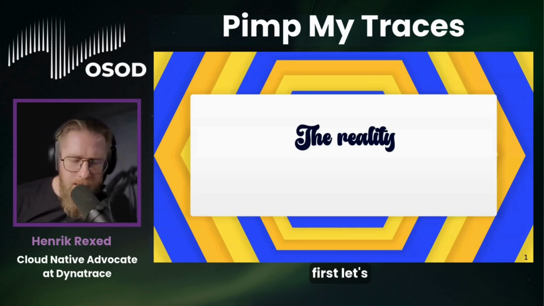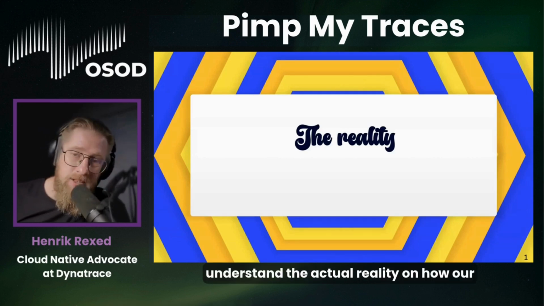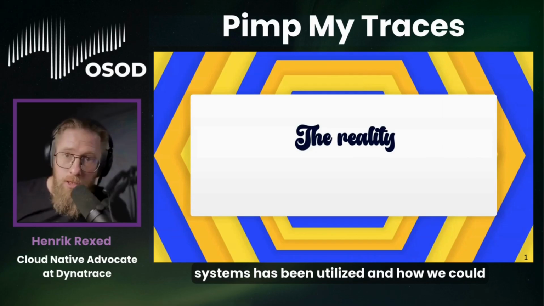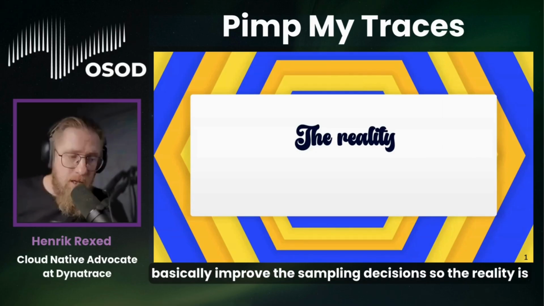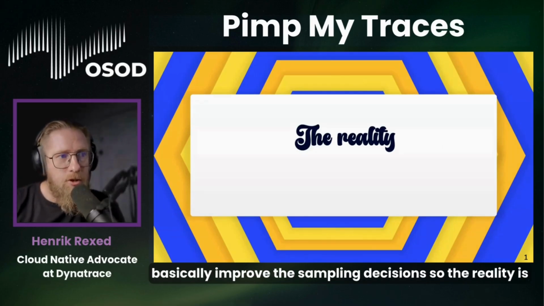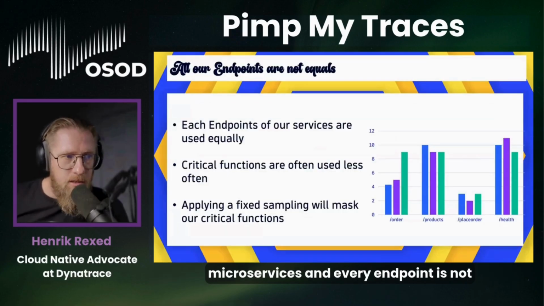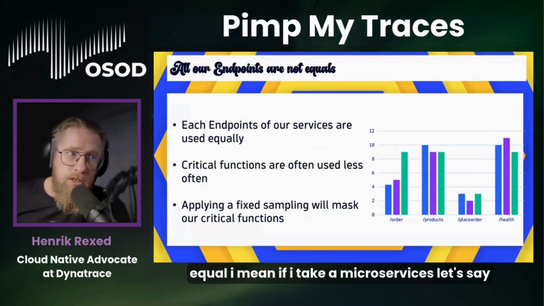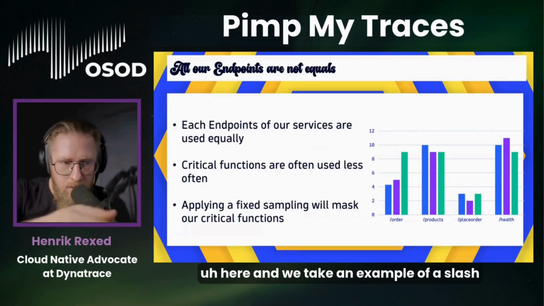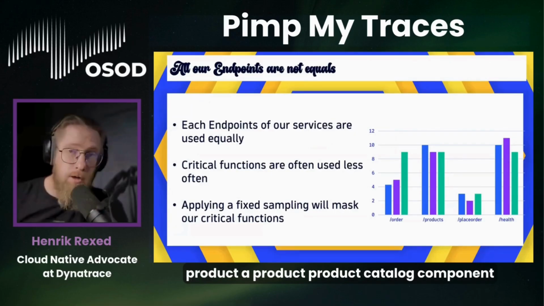So first, let's understand the actual reality of how our systems are utilized and how we could improve the sampling decisions. The reality is that we have different endpoints in our systems, different microservices, and every endpoint is not equal. If I take a microservice, let's say here we take the example of a product catalog component.